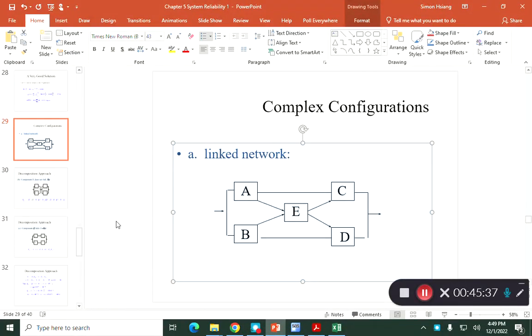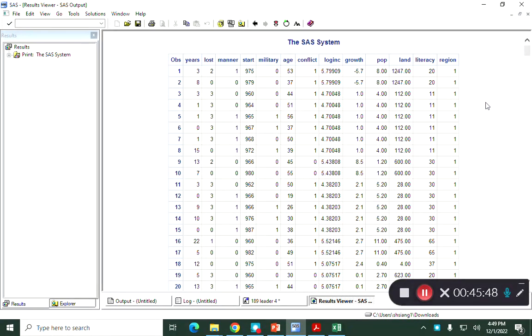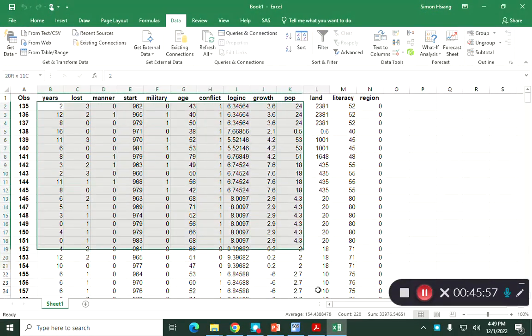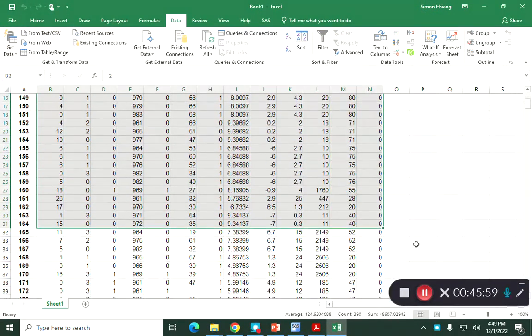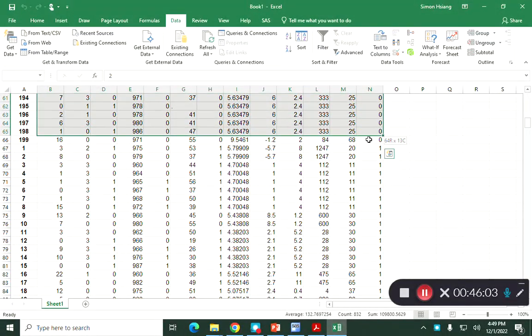Okay? And, yes? Do we have the data for plugging? Oh, yeah. You remember? The world leader example is on page 189. I just need to ask you to do this here. If you have region 0, you only put in region 0 to do your life regression.